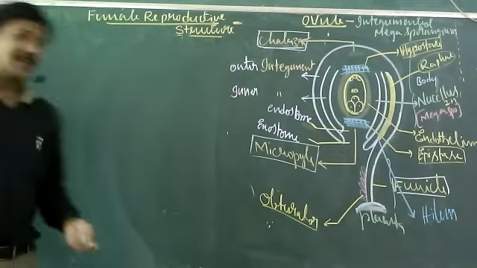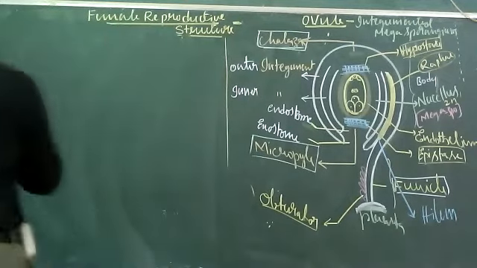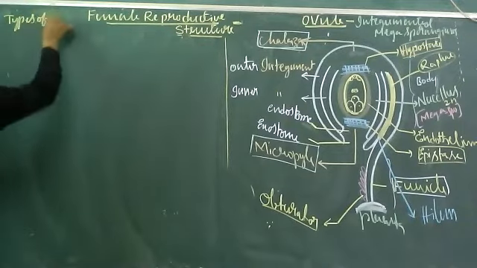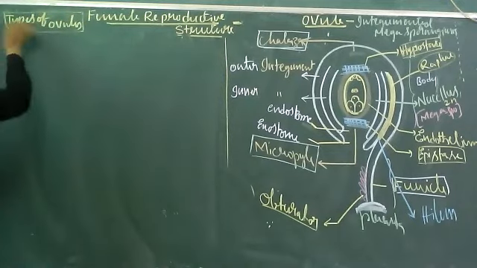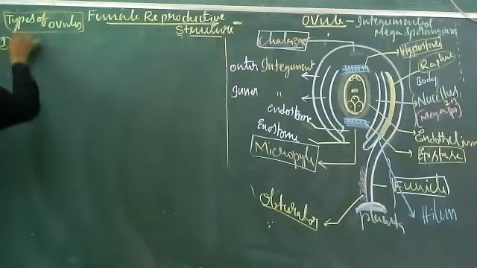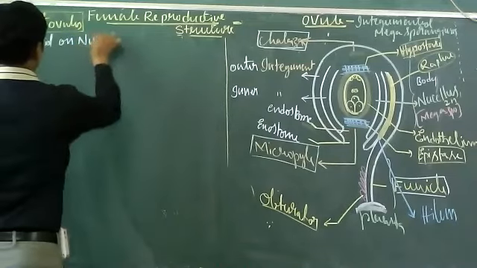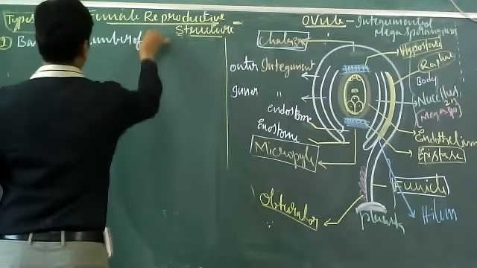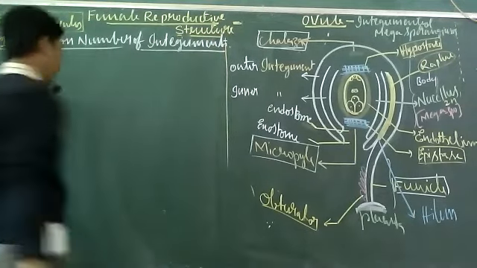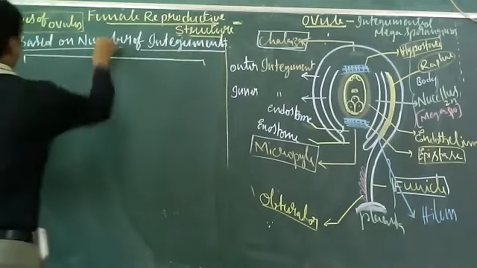First of all, let us see the types of ovules based on the number of integuments. There are three types of ovules.